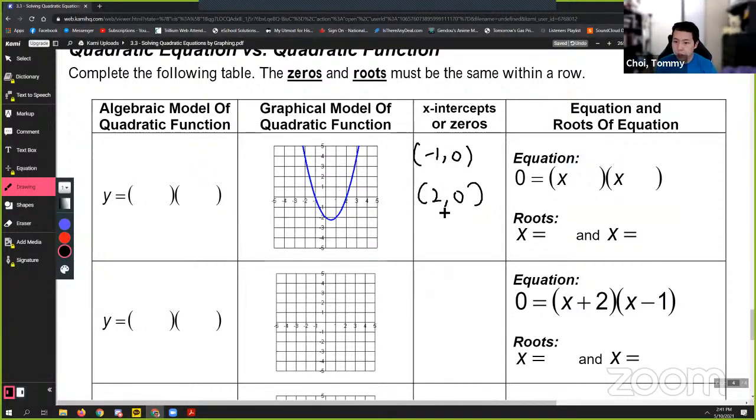Once we have our two x-intercepts, that gives us our roots, because that's what x-intercepts are. Once we have the roots, we can find our equation because we take the opposite values of these roots to find our equation. And once we do that, we can translate that over to our algebraic model, which is literally the exact copy.